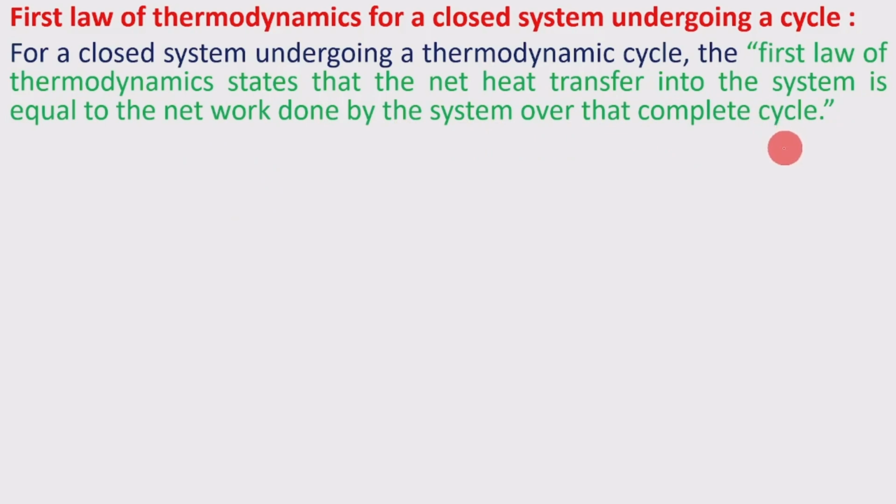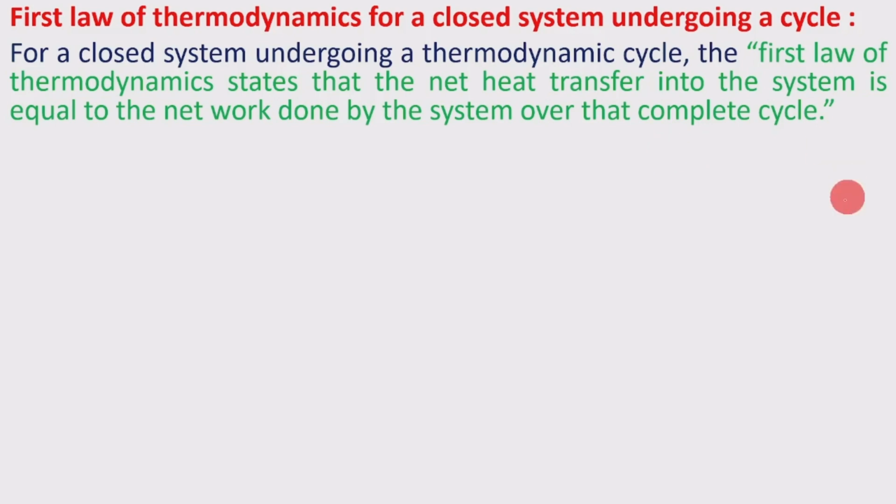In the previous lecture, we discussed Joule's experiment, and there, we know that the heat transfer is equal to the work transfer. If more than one quantity of heat and work transfer is there for that particular system, their summation or cyclic integral we have taken.